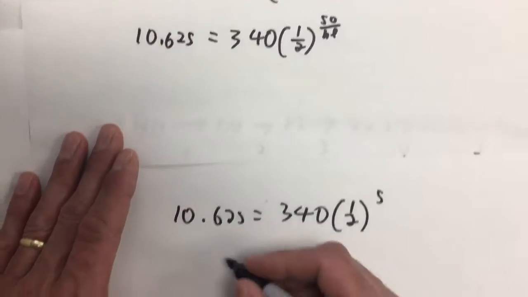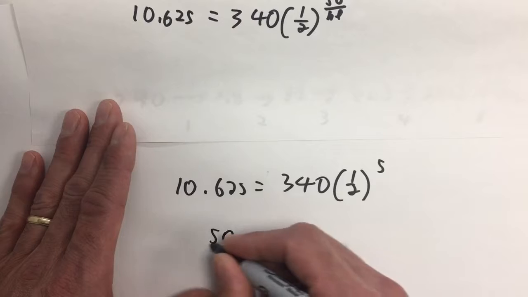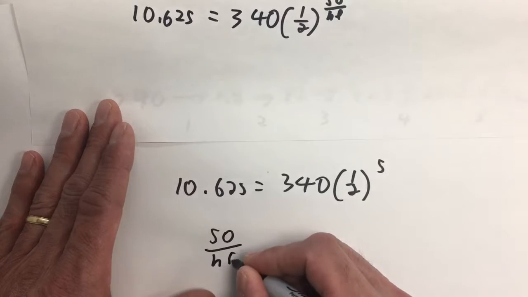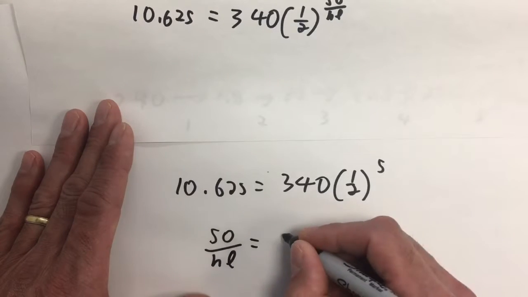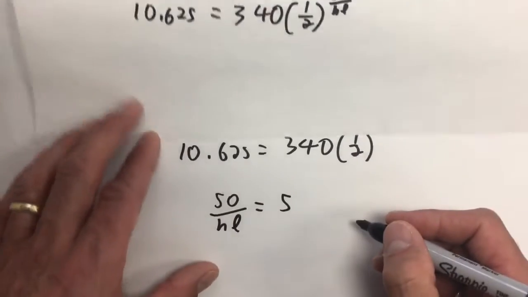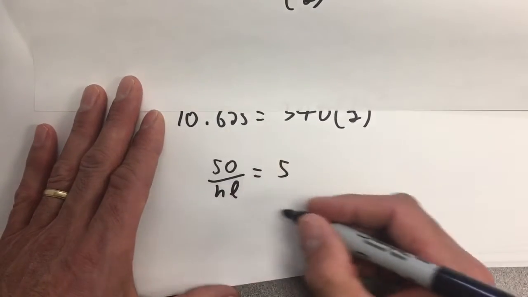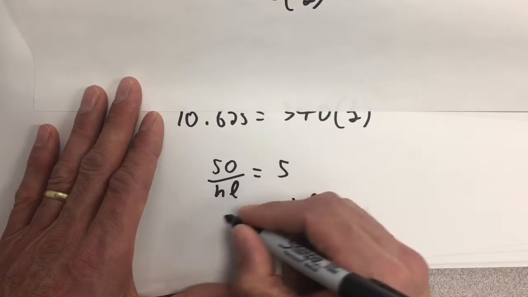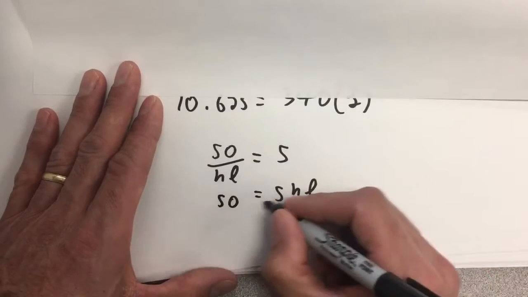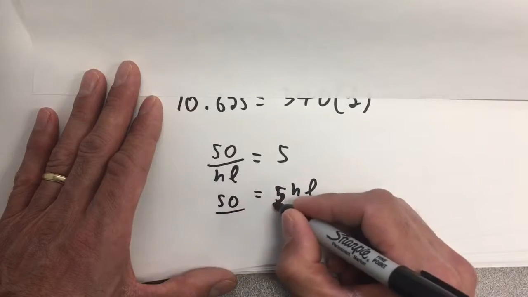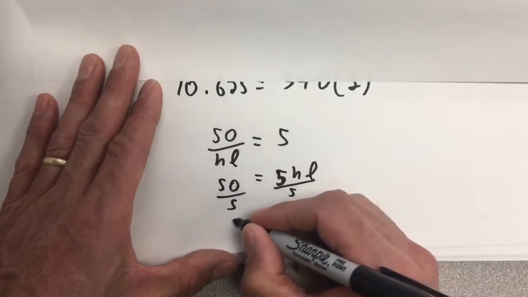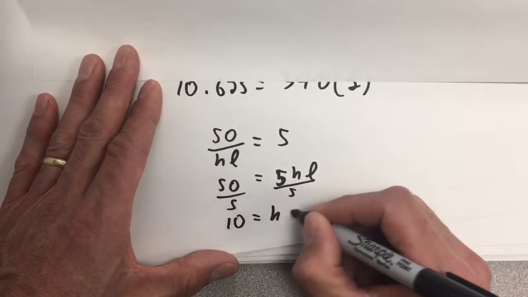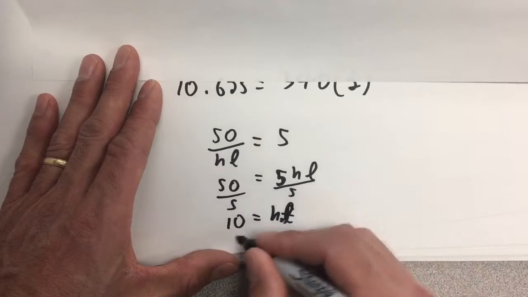That means that from the initial equation, 50 divided by the half-life is equal to 5. Careful rearranging of this equation, 5 half-lives is equal to 50, and if we divide both sides by 5, you can see that the half-life is 10.